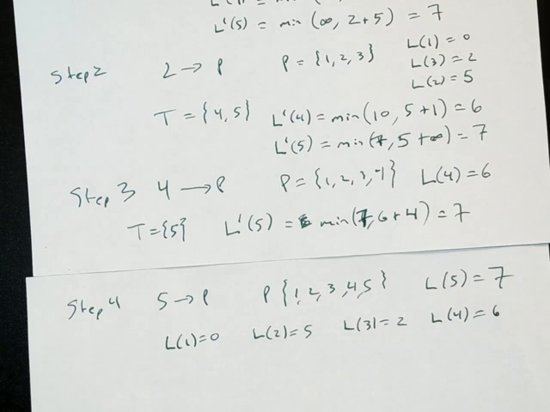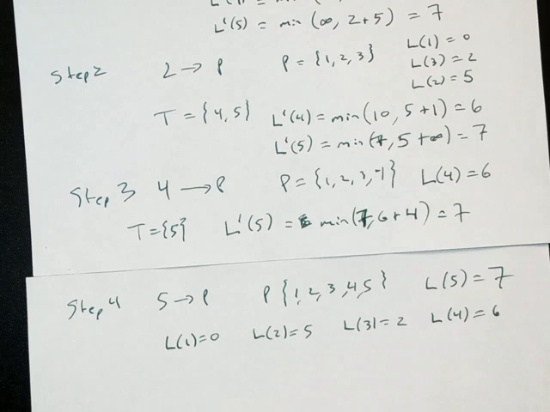I've run out of temporary vertices, and my permanent vertex list is complete. I'm done. But what does this tell me?